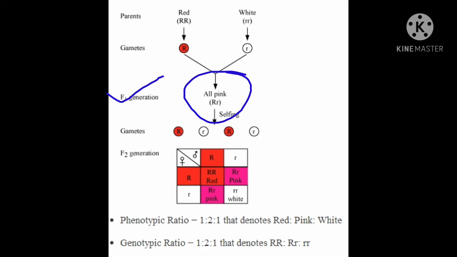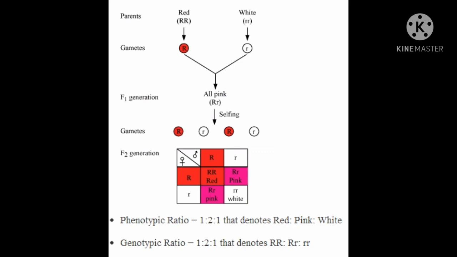Then selfing of the F1 generation occurs. After selfing, in the F2 generation we got one red, RR, one white, rr, and two pink, Rr. So the ratio is 1:2:1.